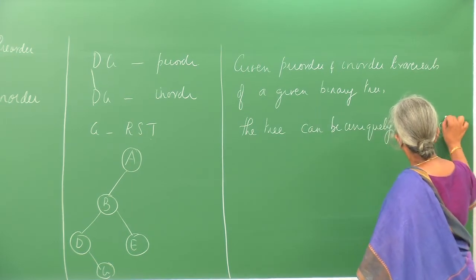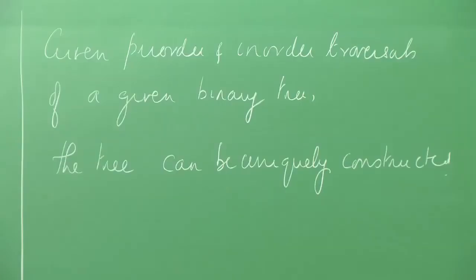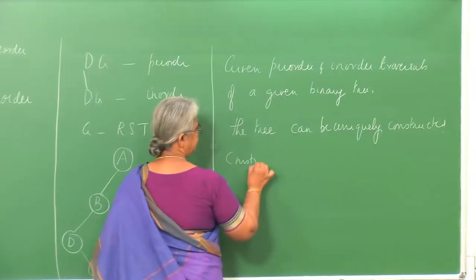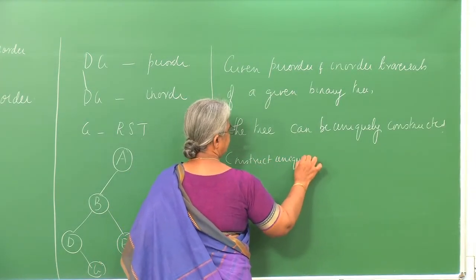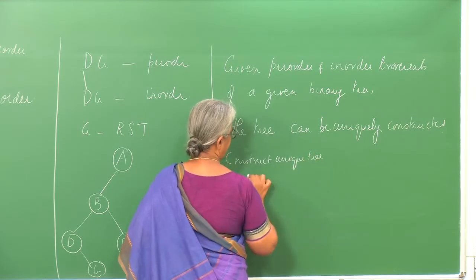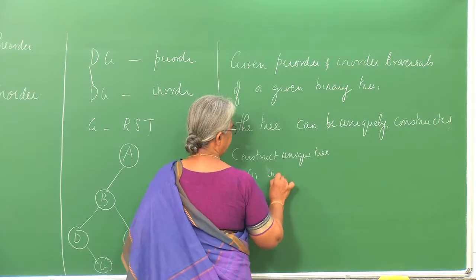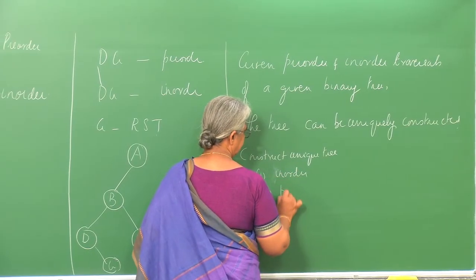All right. I would like you to go back and see how you can construct a unique tree from in-order and post-order traversals, as a homework. Okay.